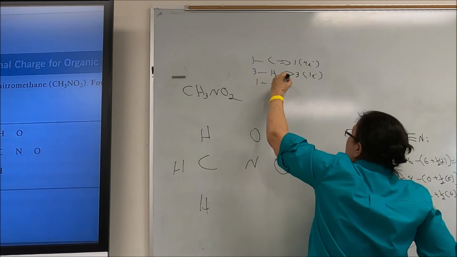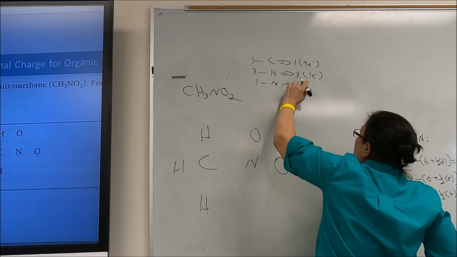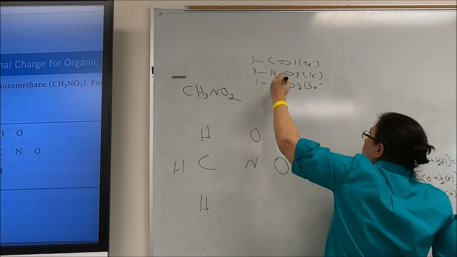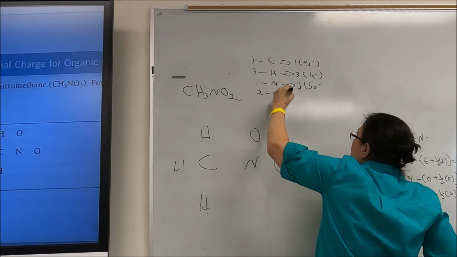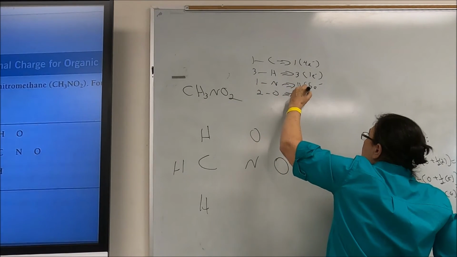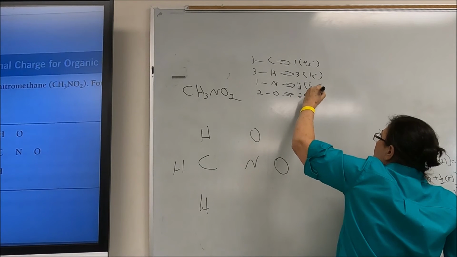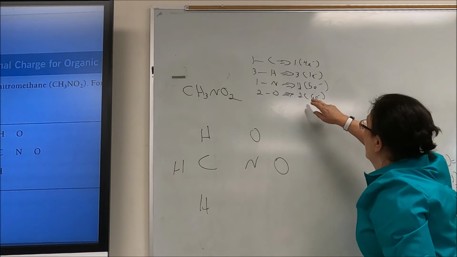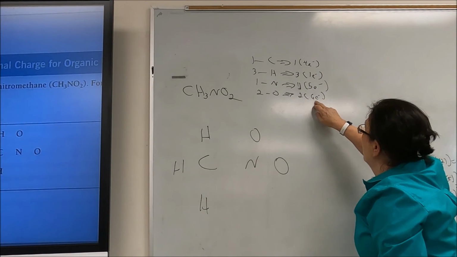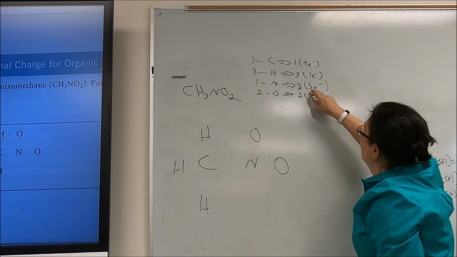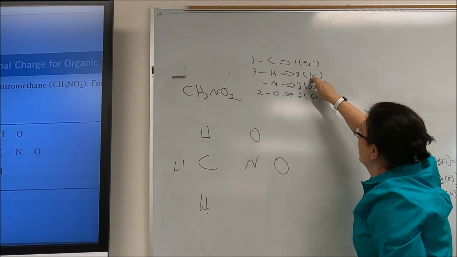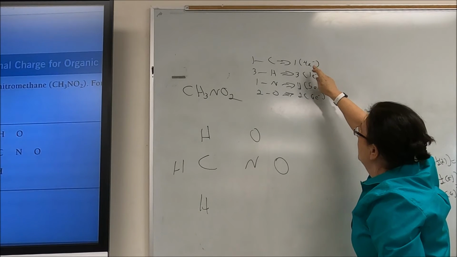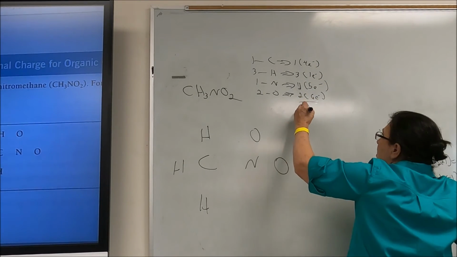We've got 1 nitrogen, 5 electrons, and we've got 2 oxygens at 6 electrons apiece. So 2 times 6 is 12, plus 5, that's 17, plus 3, that's 20, plus 4, that's 24 electrons.